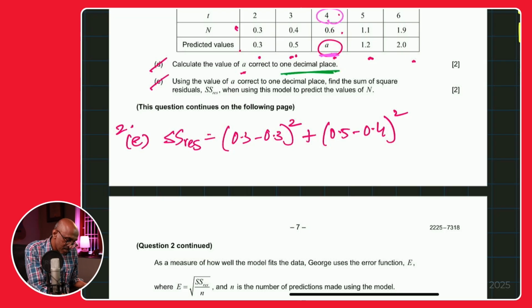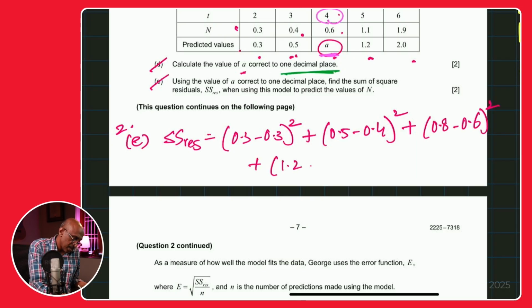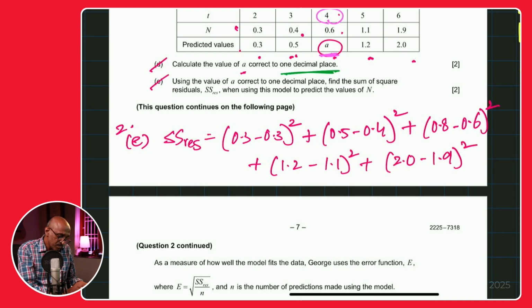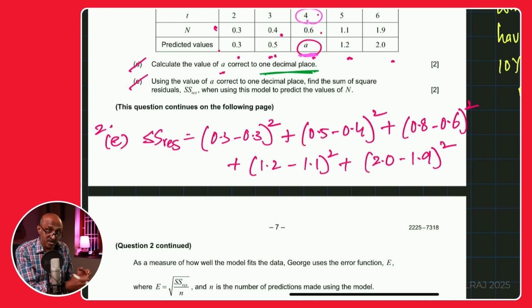So I'm just taking the predicted values minus the actual values, plus the value of a we got was 0.8, so 0.8 minus 0.6 square of that, and 1.2 minus 1.1 square of that, plus 2.0 minus 1.9. This part you must show. The substitution part you must show, and then of course you can jump to the calculator. I didn't want to scroll down, there was space, so I wrote it there.